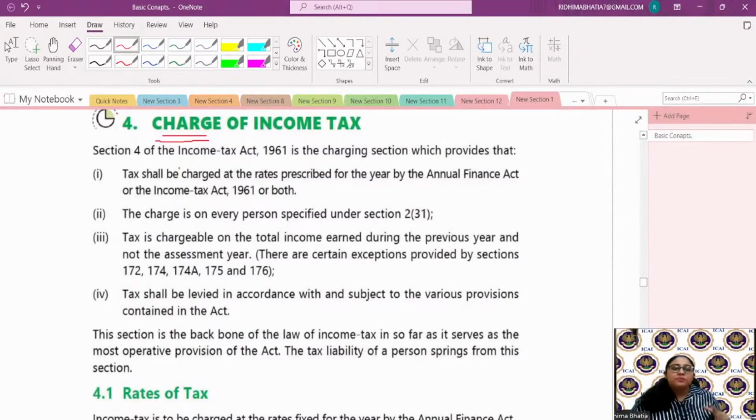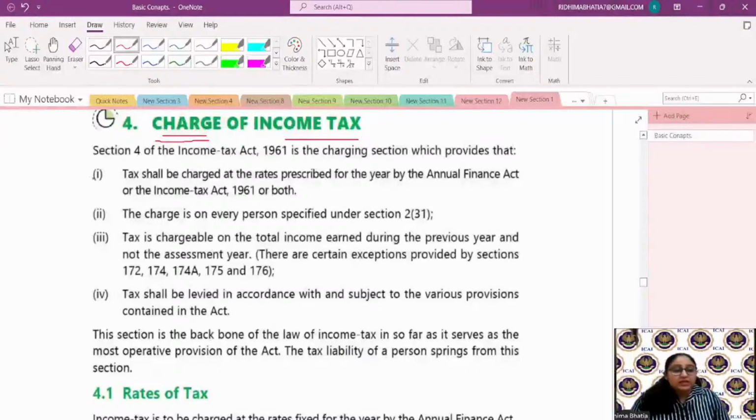When you read the act, you will understand that there are many common sense things that are already included in the act because they have to be provided. We cannot assume that this is common sense, so why is there a need to write it? No, those common sense things are the main points. So when you say there is an Income Tax Act, it should have a provision through which the government can take the tax. The charge of income tax is one such section.